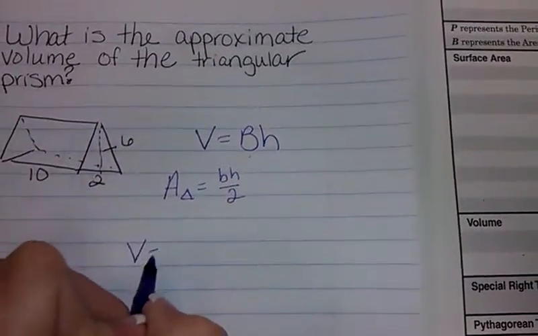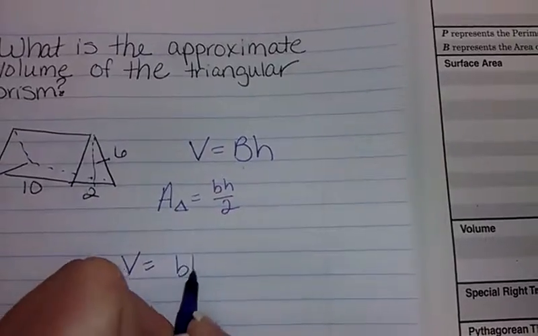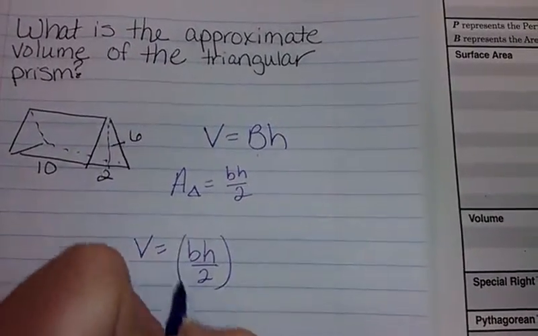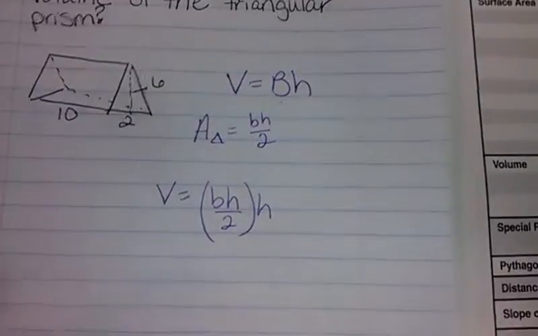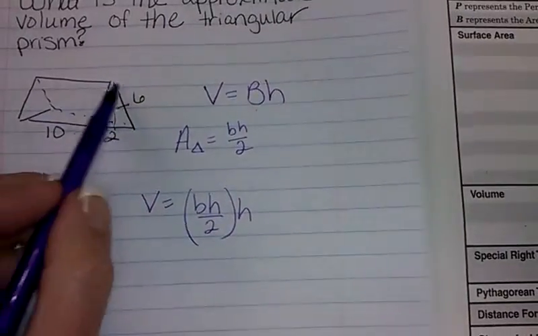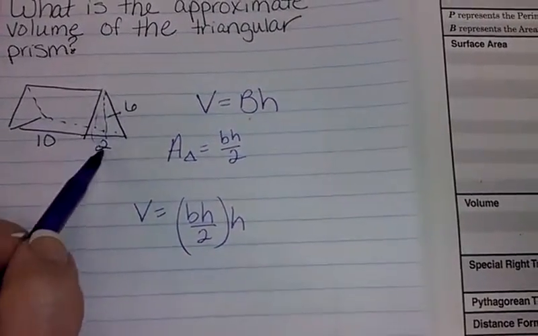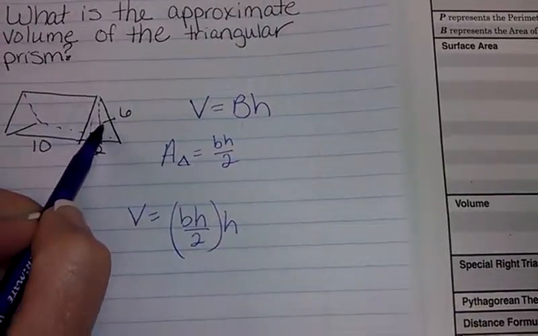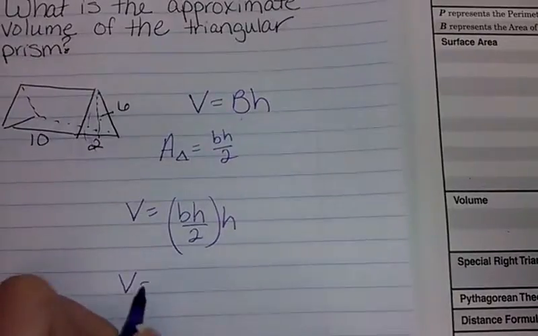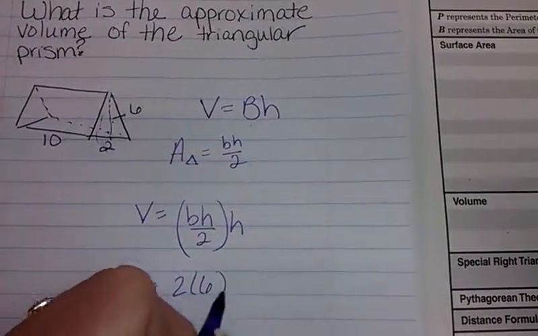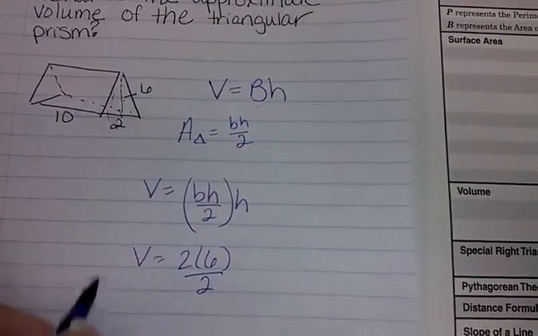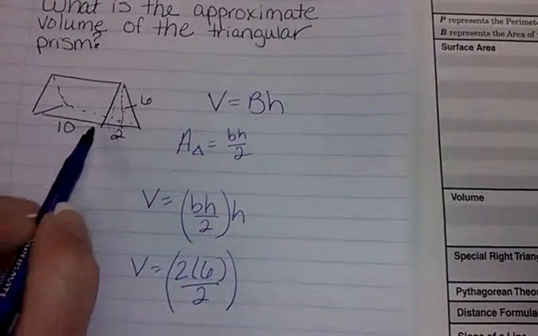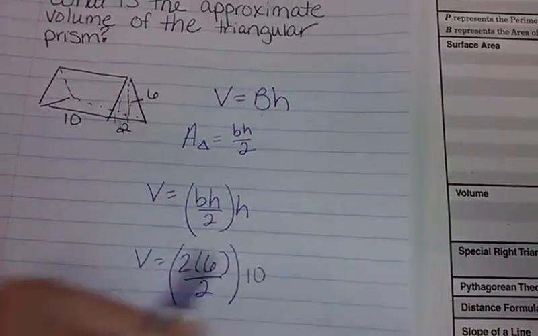Well, my volume is base times height divided by 2, and then times the height. Well, let's just deal with the triangle right here. Let's just find this area. I've got base times the height, so I'm going to have 2 times 6 divided by 2, and then the height is 10.